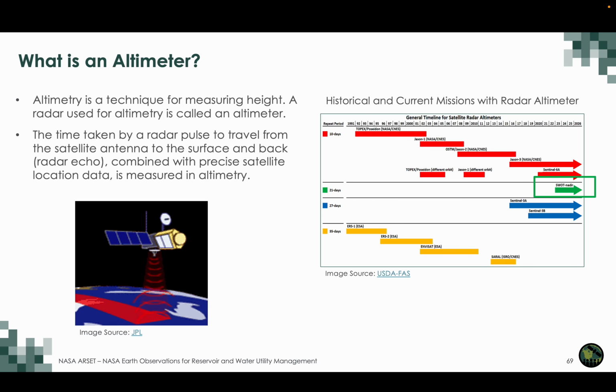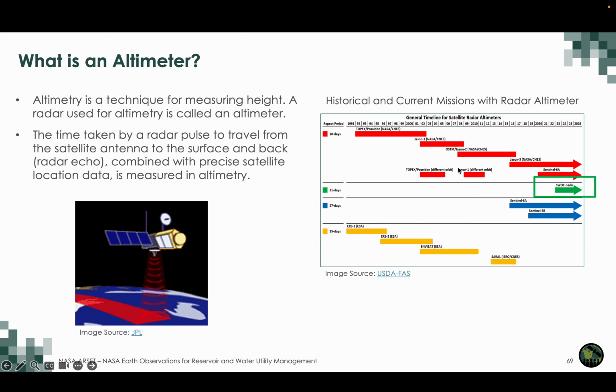An altimeter is a radar that emits a pulse of radiation to the Earth's surface from a satellite and receives the backscattered echo. Combined with the precise position of the satellite, the time it takes for a radar pulse to travel back and forth from the surface is used to estimate heights.